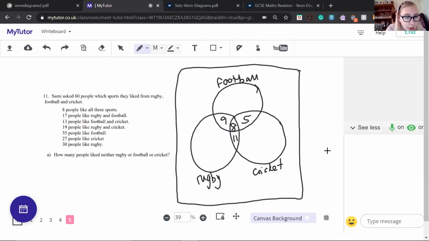Okay, 35 people like football. Right, now we're only thinking about football. So we don't care about these other two circles right now. We're just thinking about this circle. And we know that 35 people like it. So all the numbers in here have to add up to 35.